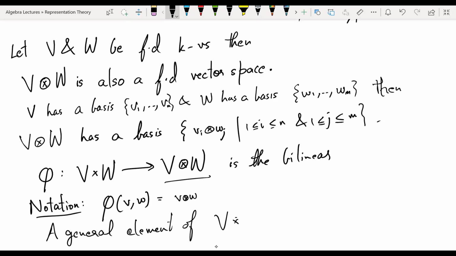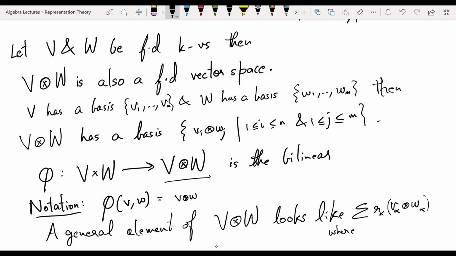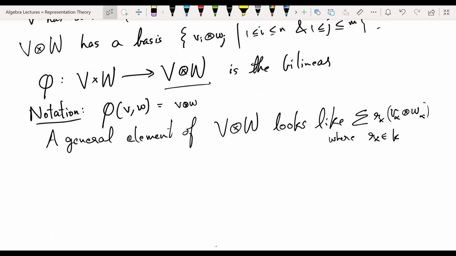of V tensor W looks like a summation over alpha of r_alpha times v_alpha tensor w_alpha, where the r_alphas are in the base field K, and v_alphas are in V. So these are finite sums.